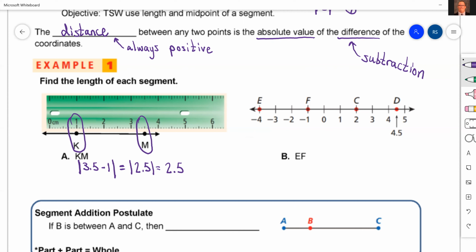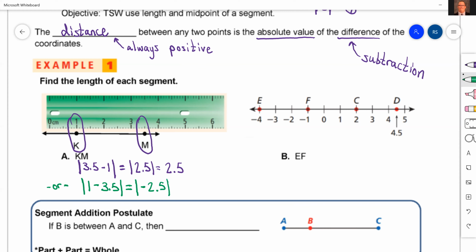Now, just to prove that it doesn't matter whether you're going forwards or backwards, let's say I saw the 1 first, so I'm just going to start with 1. That's the first number I know. I want to get something on paper, so I'm going to put a 1 minus my other number, 3.5. 1 minus 3.5 is negative 2.5.